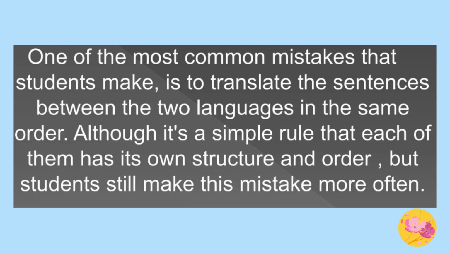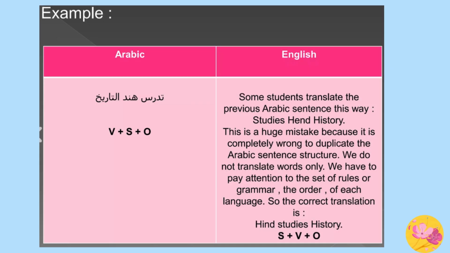I found that one of the most common mistakes that students make is to translate the sentences between the two languages in the same order. Although it's a simple rule that each of them has its own structure and order, students still make mistakes often. Here a sentence is there for you as an example. Again, in Arabic it is written verb plus subject plus object.